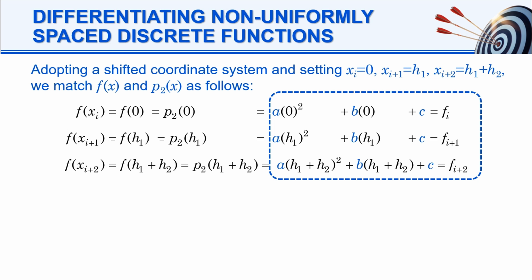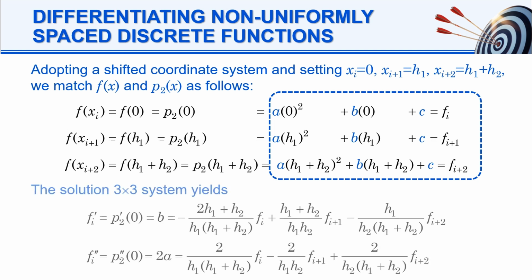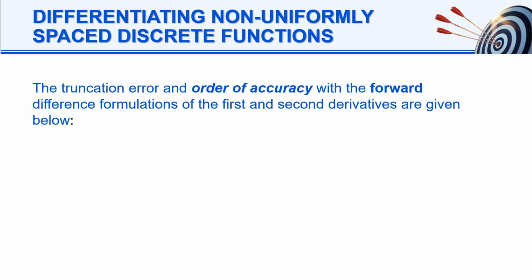Next, differentiating the parabola and f(x) at xi equals 0, we obtain the difference expressions for the first and second derivatives as follows. The truncation error and order of accuracy with the forward and central difference formulations of the first and second derivatives are given as follows.